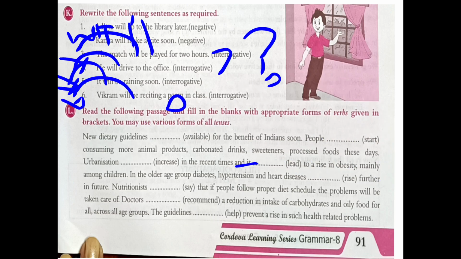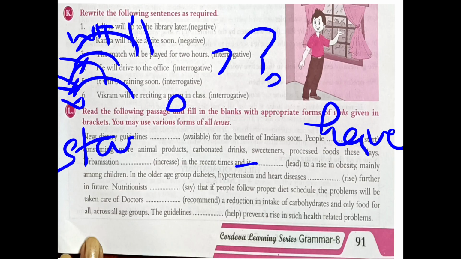People, what will be right? People have started, because you can use any tense which you feel appropriate. So start will change into started. People have started consuming more animal products, carbonated drinks, sweeteners, processed food these days.